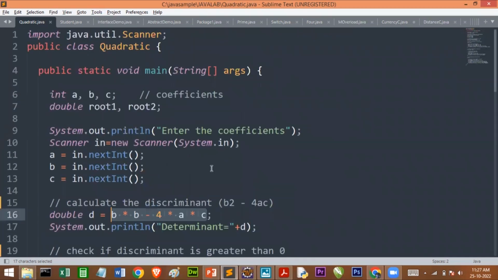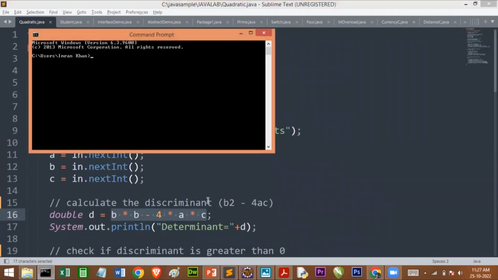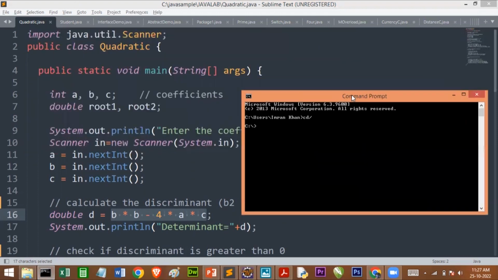Now I'll show you the output. I'm going to the path.